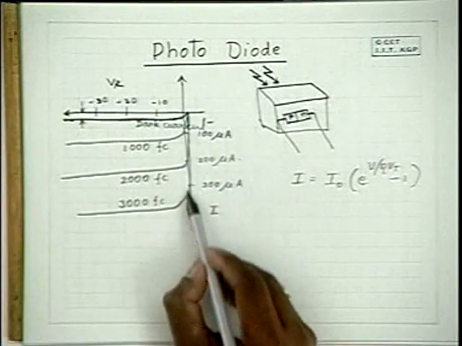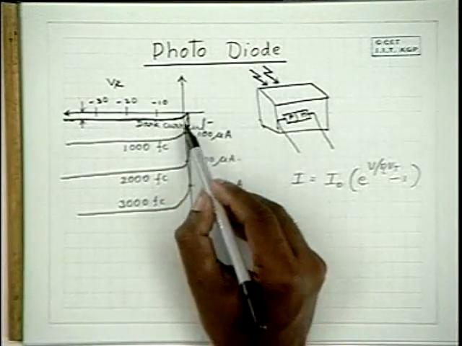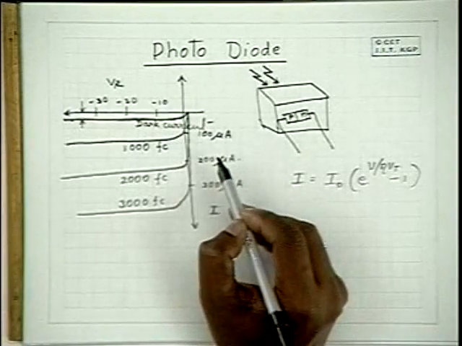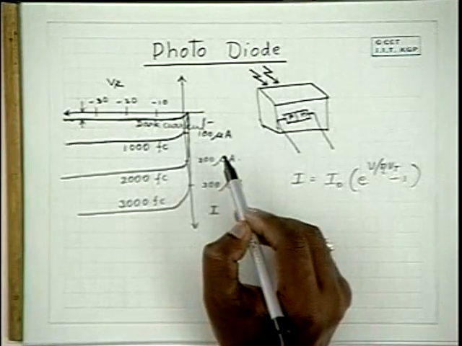Even when the potential difference is 0, you will find some current because the minority carriers diffuse across the junction. Can the majority carriers diffuse across the junction? For them there is a potential barrier, so once equilibrium is established, the majority carriers cannot diffuse.